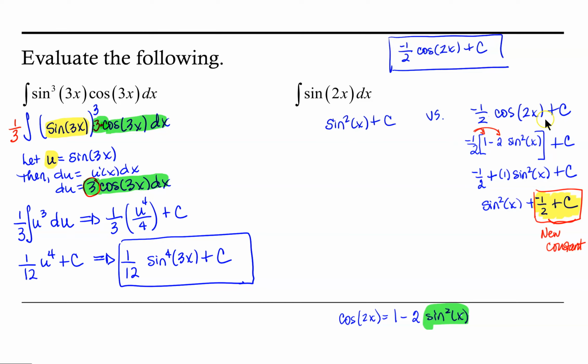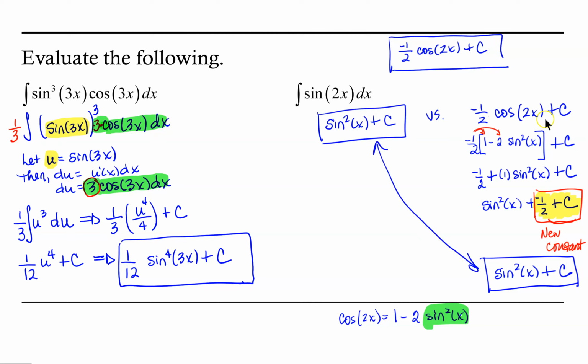So my antiderivative is simply sine squared of x plus some constant. And so you see the two solutions are really the same, even though they appear different. I hope you find this helpful.